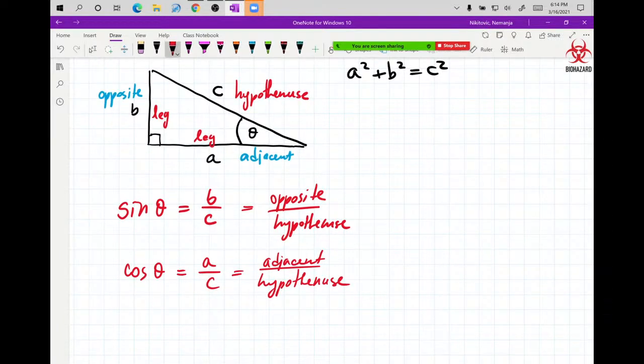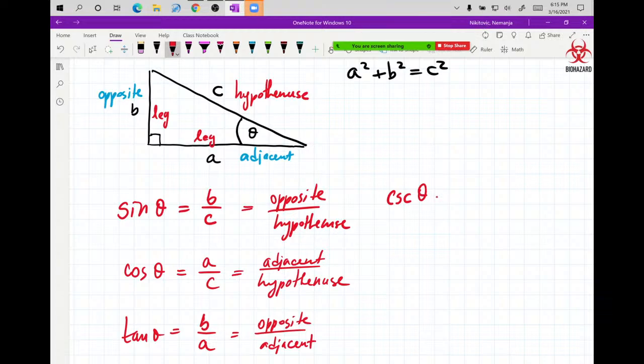And we have 6 of these now. Tangent theta is going to be opposite divided by adjacent. And then we have the opposite of sine, which is cosecant theta, which will be c over b, which is hypotenuse divided by opposite.